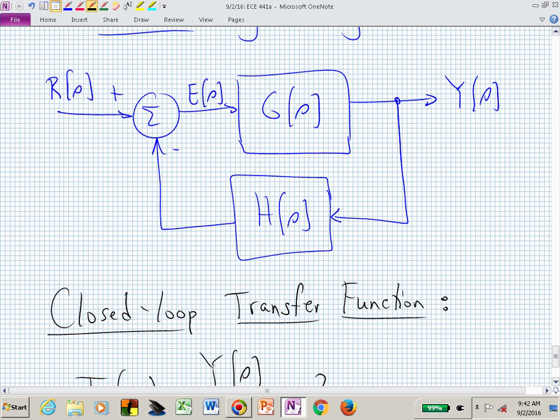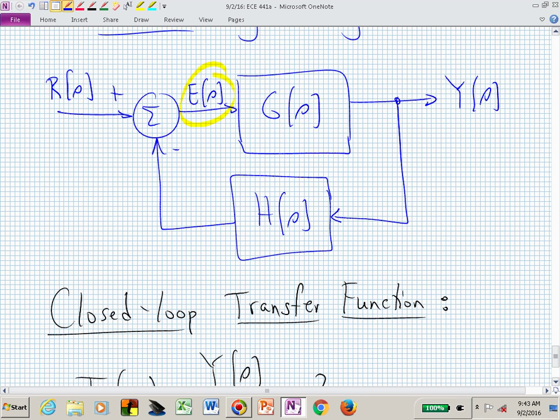The output of the summing junction. Start writing equations for that, or seeing what you can do relative to E in terms of equations. E, in this case, is the output. What makes up E? Well, R does, and then minus what's coming in from the bottom.